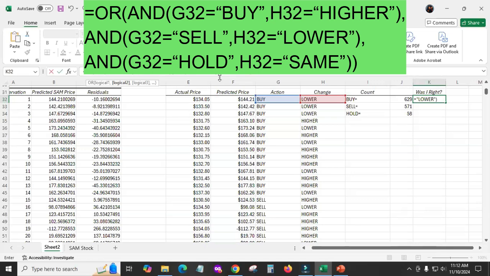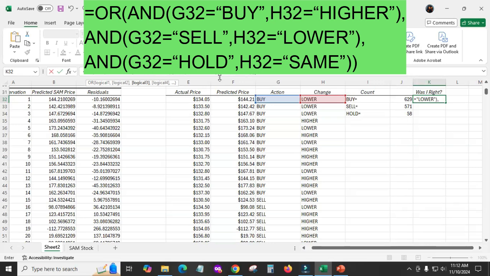If that's the case, G32 equals sell and H32 equals lower, that's a good thing. That would be true. If it's not, it's false. It's bad. Okay, so that is our second true statement.